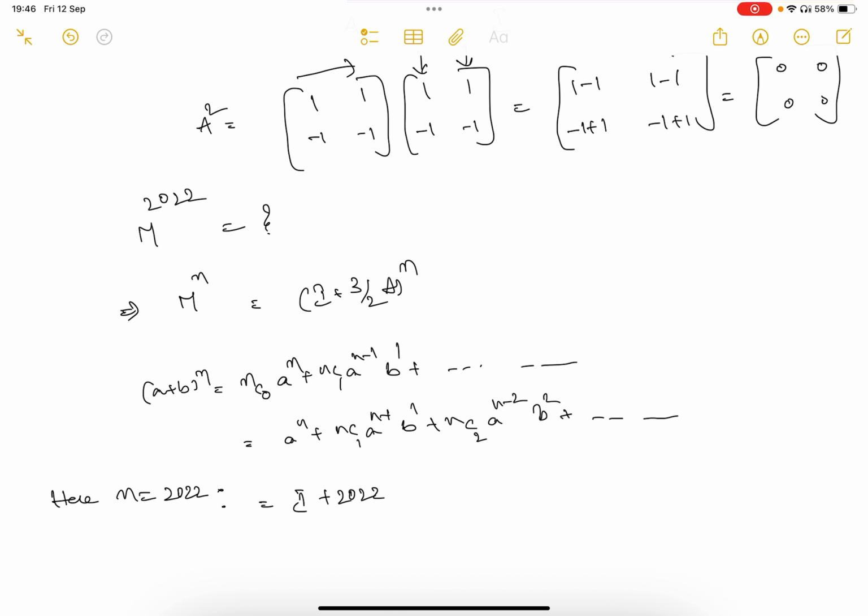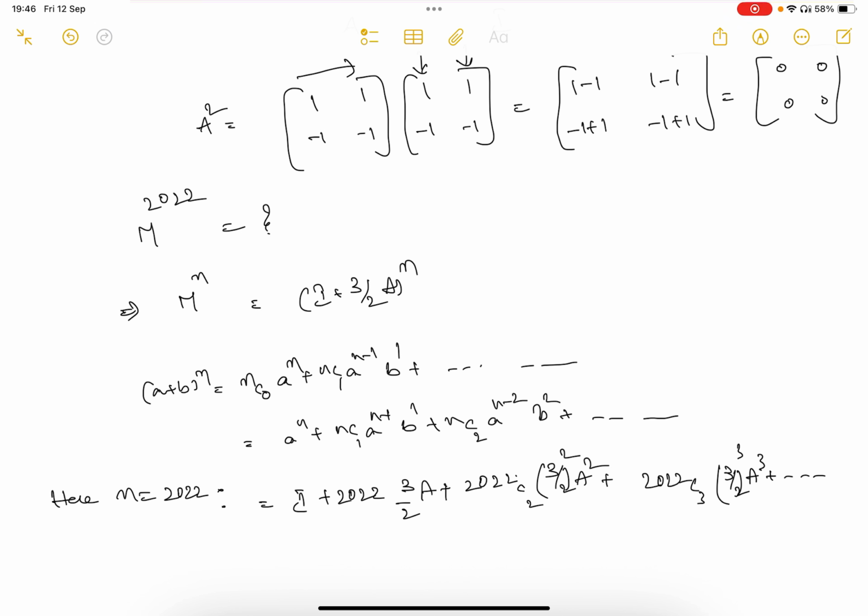Then b power 1, b is 3 by 2 into A. Fine. This is 2022 C2. A power n minus 2 is identity of 2020, then it will be I. Next is 3 by 2 into A square, plus similarly 2022 C3, 3 by 2 cubed, sorry, this will be 3 by 2 A square, right? Plus and so on.